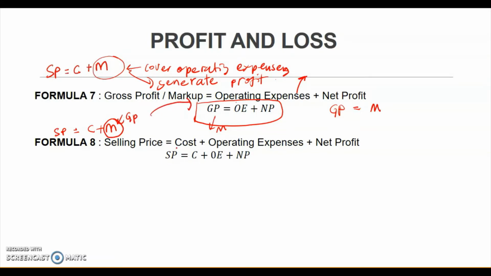Therefore, selling price is equal to cost plus operating expenses plus the net profit. So these two additional terms are the terms from the formula of gross profit or markup. Okay. So now we have the new formula for SP, selling price: C plus OE plus net profit.